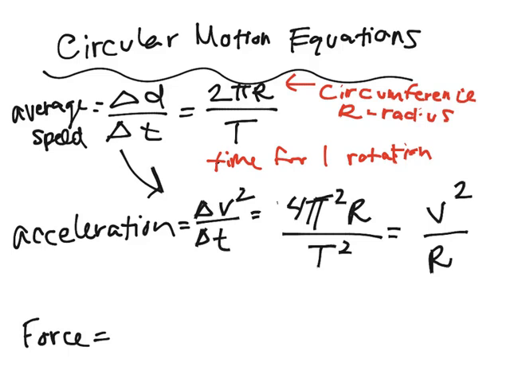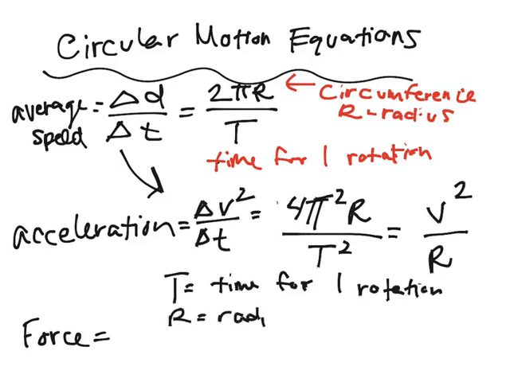So again, T is equal to the time for one rotation, or once around the circle, and r is equal to the radius. So these are two formulas to find your acceleration. Notice that radius is absolutely necessary for both of them.